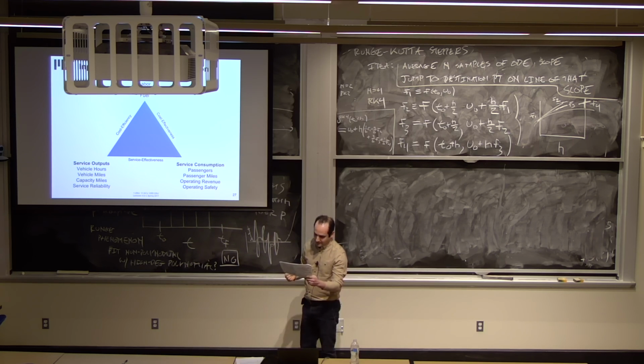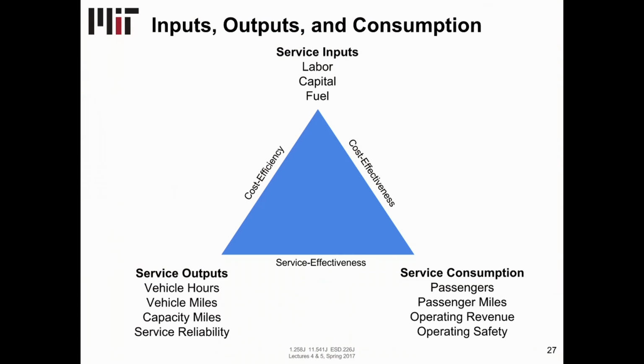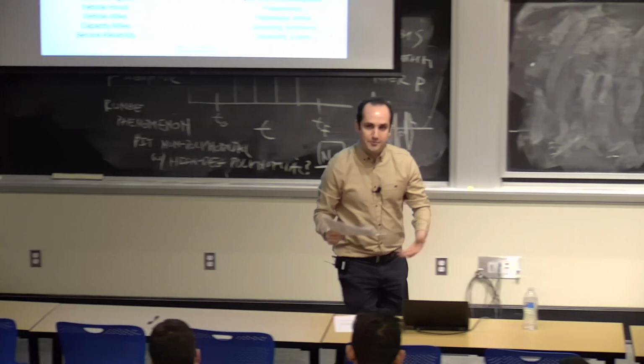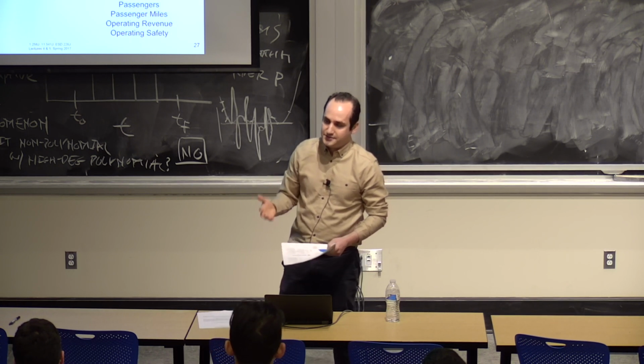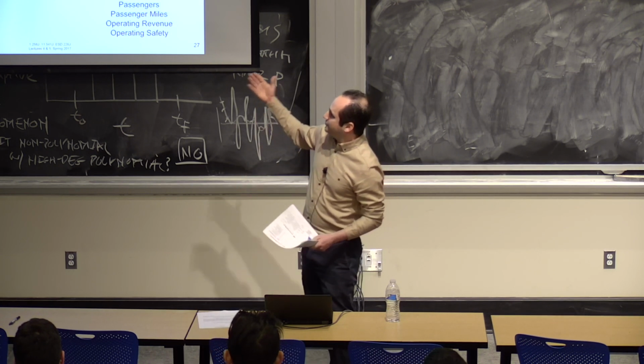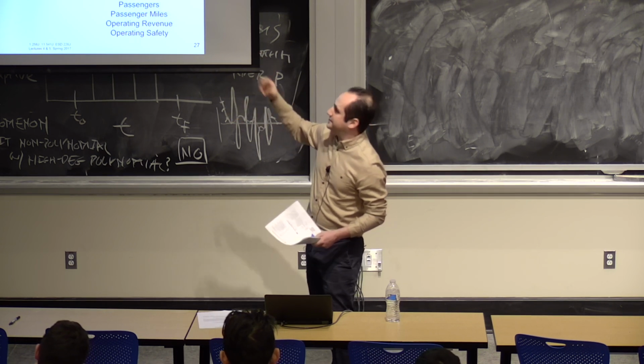One other comment about this triangle is that cost efficiency measures deal with the quality of planning on the operational side, operational planning, how the optimization and tactical decisions are made in terms of producing the most service out of the existing resources.